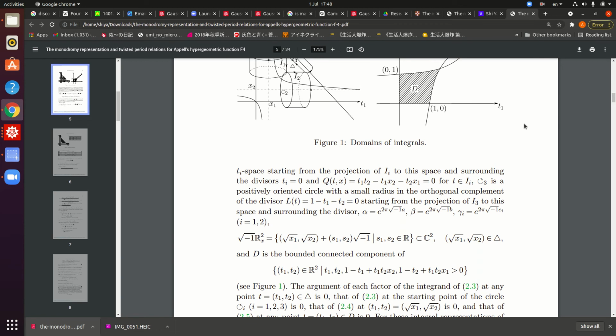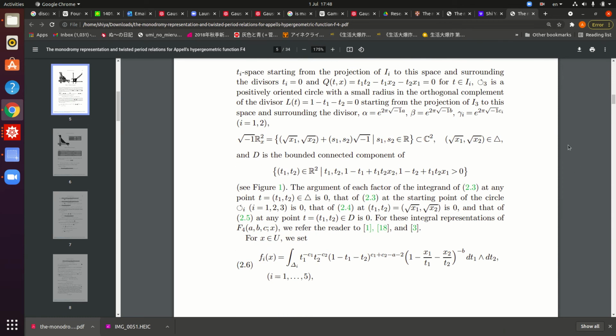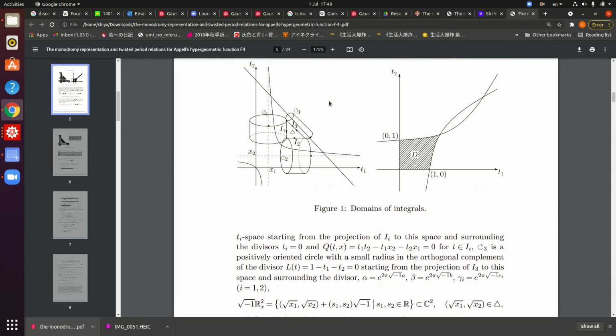The question is, how is this integral expressed? I think the statement is that F4 of a, b, c, and x can be written as either 2.3, 2.4, or 2.5.